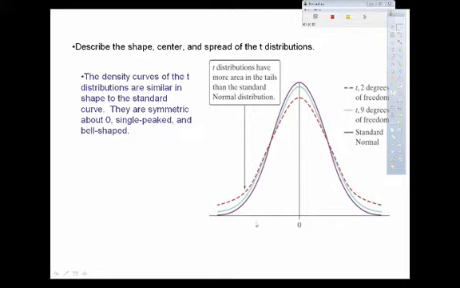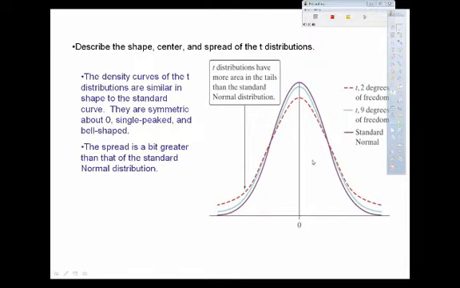The spread is a bit larger than that of the standard normal distribution, so we're going to have a wider spread here. And as the degrees of freedom increase, the T density curve approaches the standard normal curve more closely.